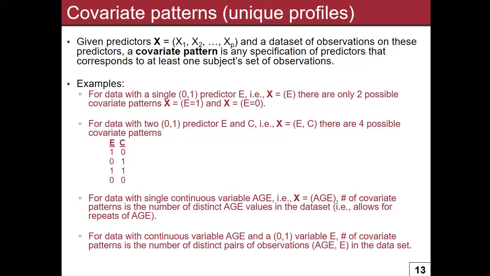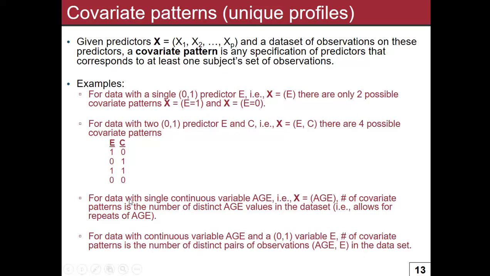But in terms of the covariates, there are only 4 patterns. So the fully parameterized model, if you have a model with E and C and their product, is going to exactly predict the average y value for all 4 of these groups. For every pattern of covariates, it's going to exactly predict the average experience.